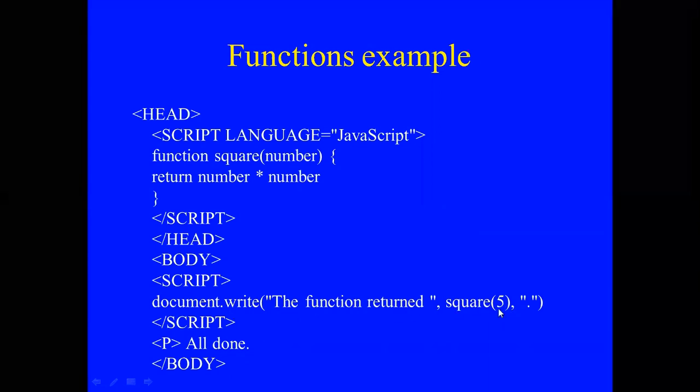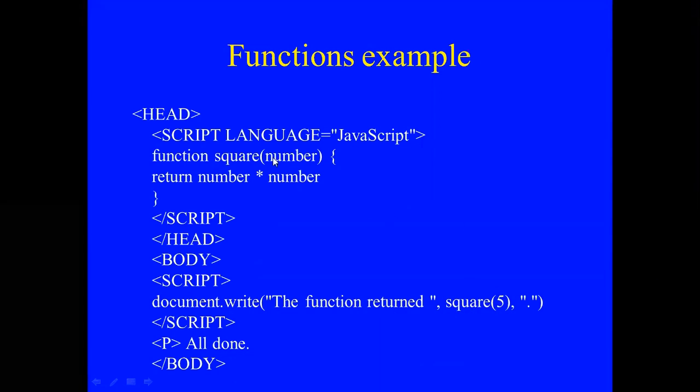After writing the statement square with the value, it will call the function square and execute the statement return number times number. That means it will print the square of 5. After that we end the script and end the document. This is the example for a function.